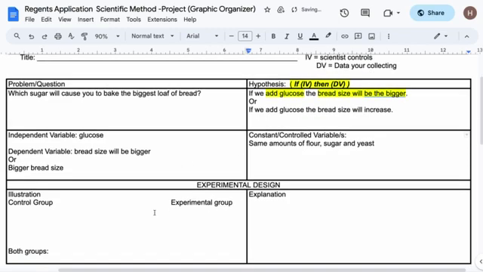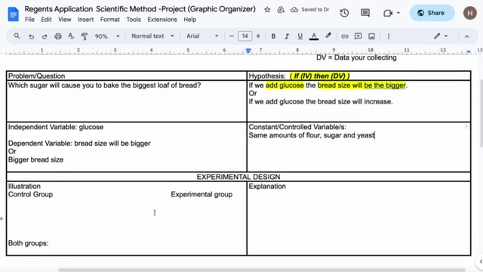So now let's design the experiment. Our control group is what you compare it with. So we've got this bread that we're baking with glucose because we're hypothesizing. By the way, all a hypothesis is, is an educated guess.